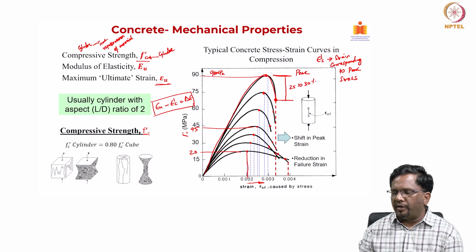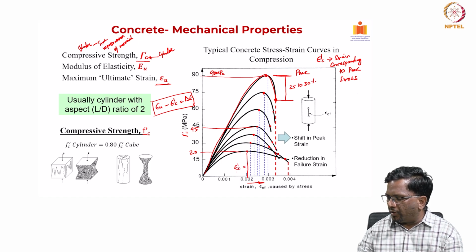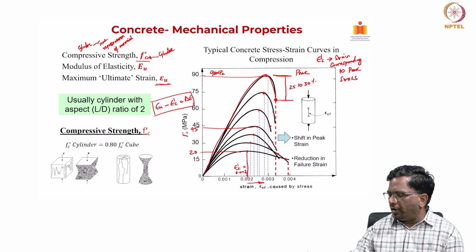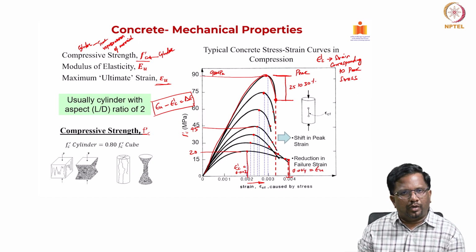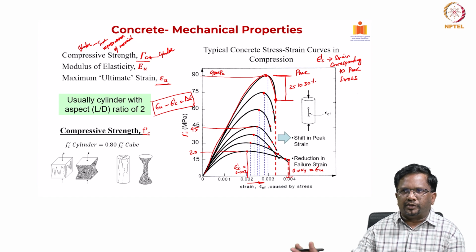If you take your 20 megapascal concrete, your epsilon prime c is 0.002, right. Now, I said 20%, right. So, you see here it can go as high as 0.004, which is basically your epsilon u for 20 megapascal concrete. So, the difference is 0.002.